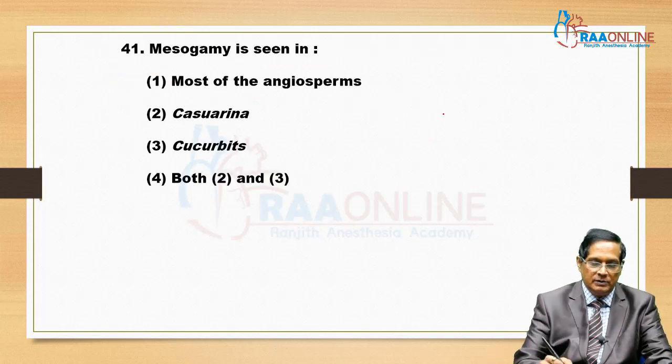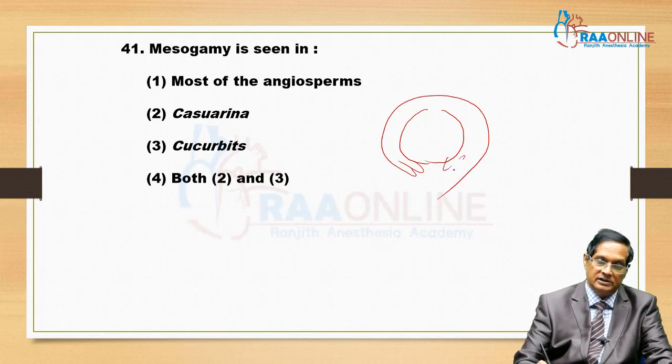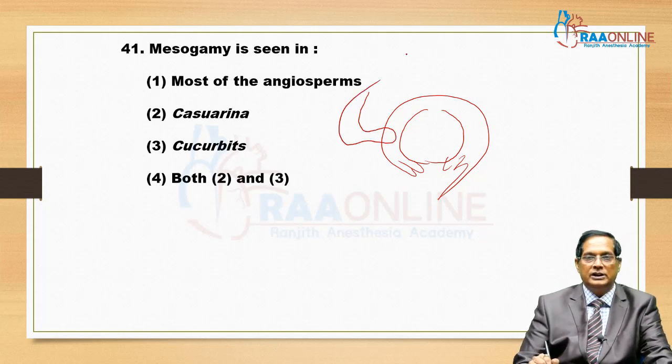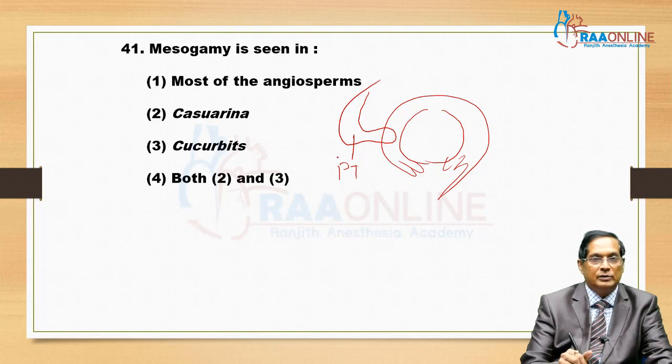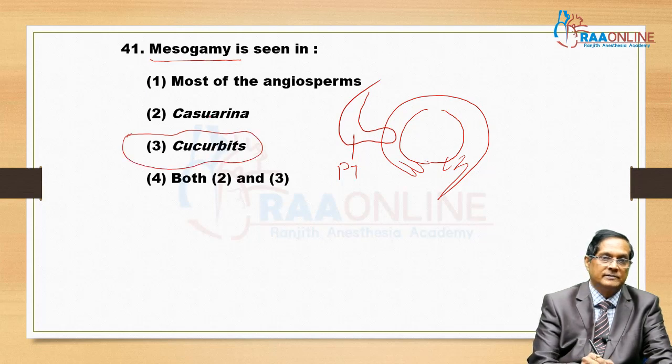Now, mesogamy. What is mesogamy? This is the ovule, and these are the integuments. If the pollen tube enters the ovule through the integument, the process is known as mesogamy, and it is seen in cucurbits.